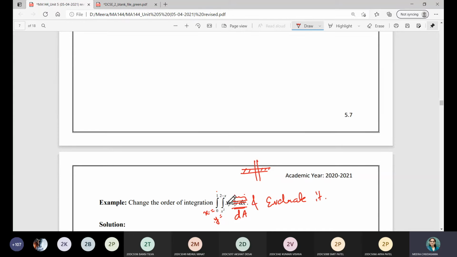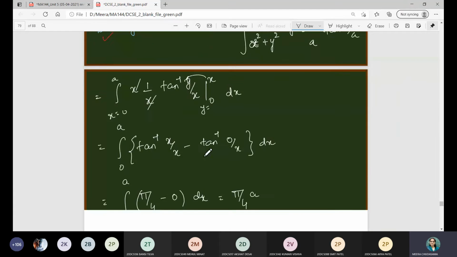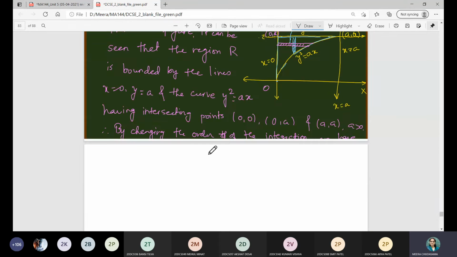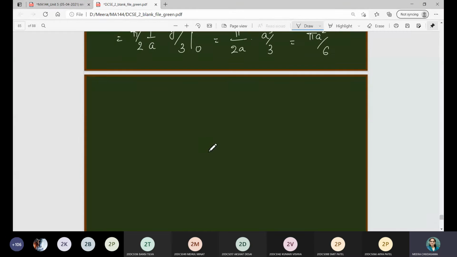Okay, so let us consider this example. Try to draw this region. One you can see it is a straight line, one is a parabola, and other two are just constant limit lines, right? So let us see this one. I have already drawn it, but I will again refer to it.